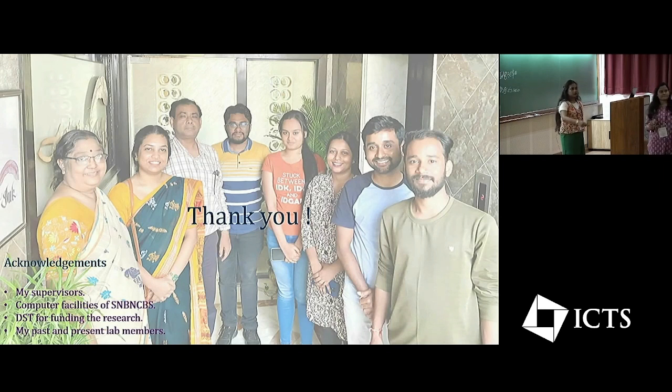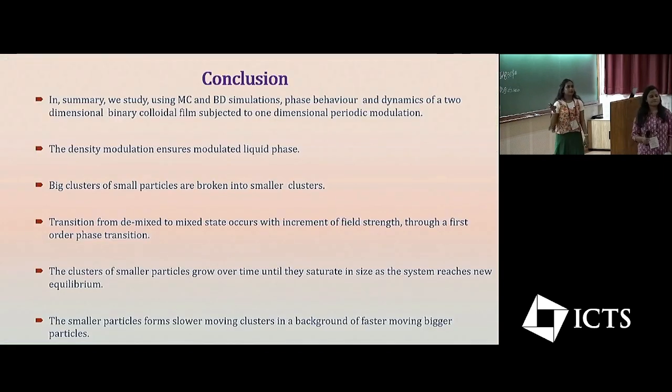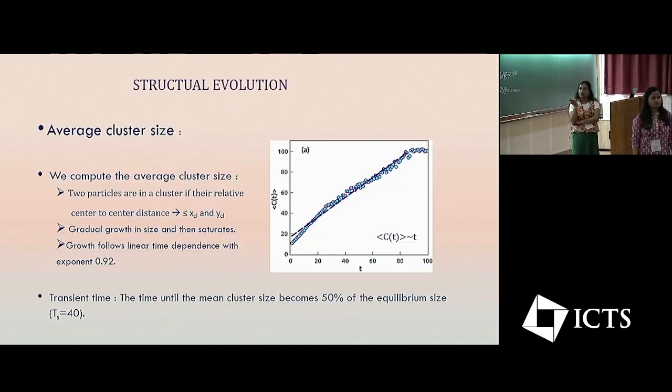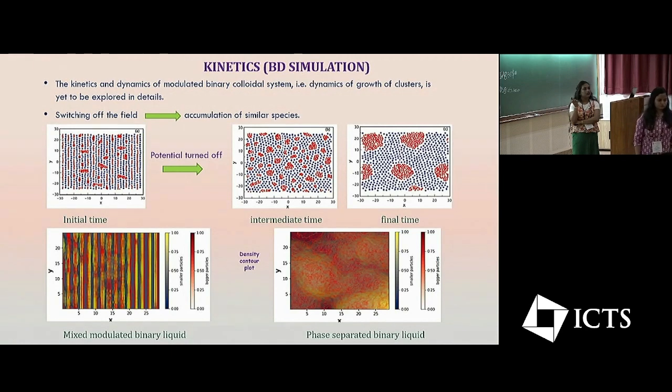It looked like the small particles are kind of stuck in these clusters, right? You have these red clusters, those are the small particles. But how come they're still diffusing? Deep inside the cluster they look kind of stuck, right?